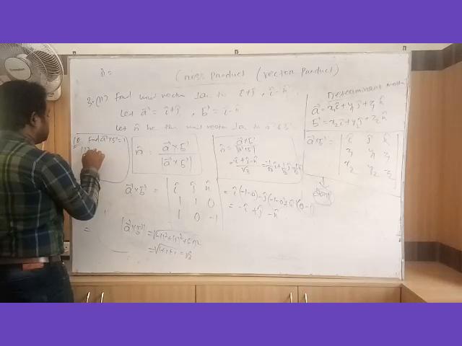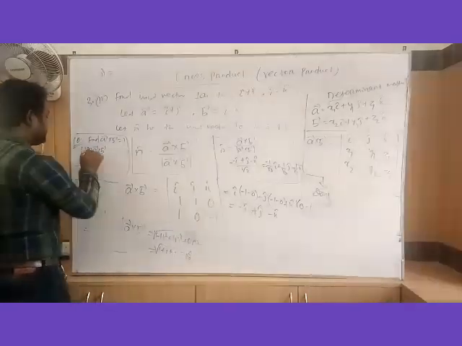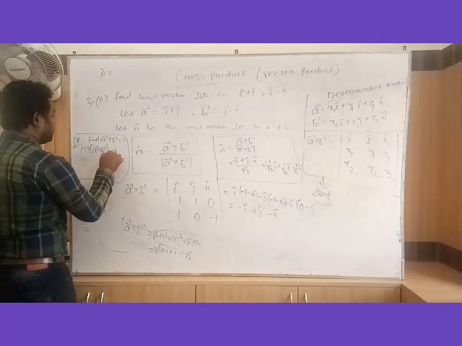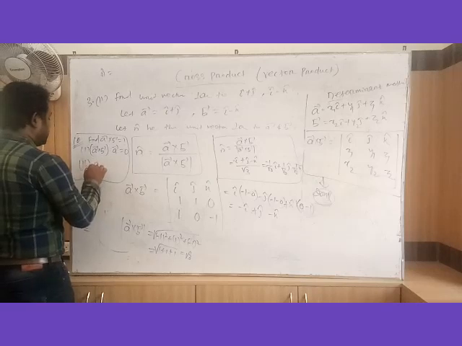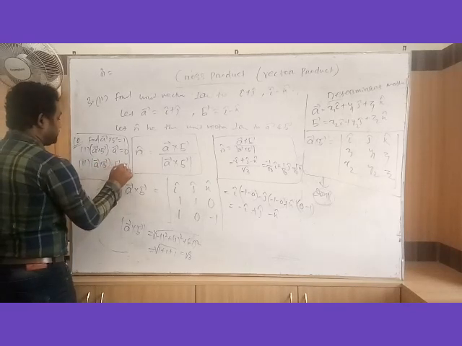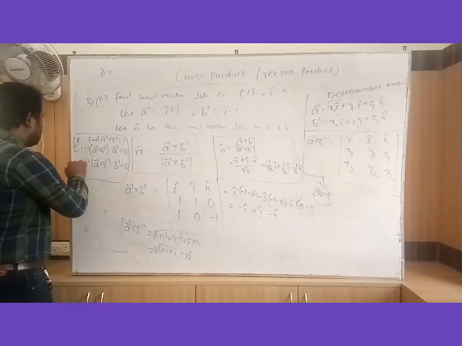Then you have to show A cross B is perpendicular to A vector. That means A vector cross B vector dot A equals 0. In second, you have to show A vector cross B vector dot B equals 0. Okay, these two things you have to prove.